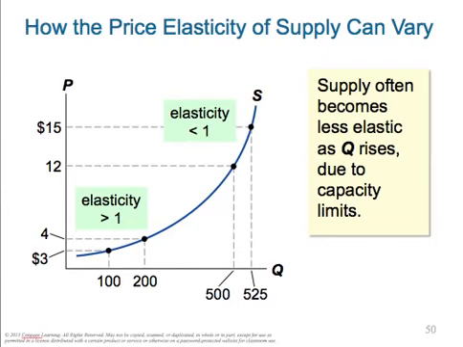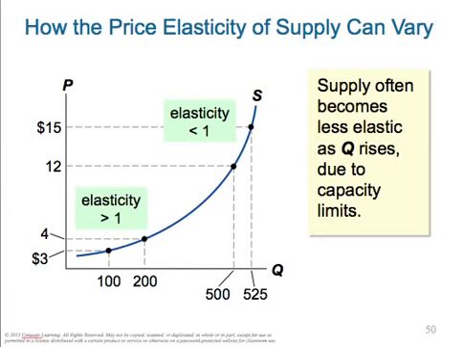This graph's not quite drawn to scale, but when the price increases from $3 to $4, a 29% increase using the midpoint method, quantity rises from 100 to 120, or 67%. Because 67% is greater than 29%, the price elasticity of supply is greater than 1.